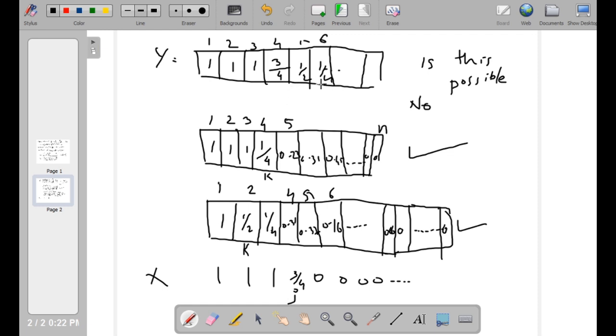So this is not possible. These are the cells with indices higher than J. So this is not possible. These two possibilities we can agree. So in these proposed solutions, the difference happens at K, and K is always less than or equal to J.